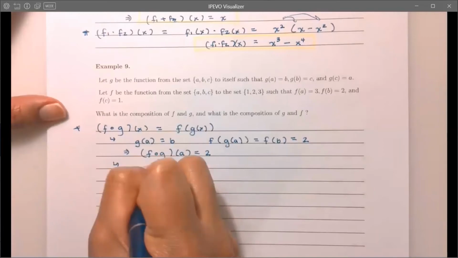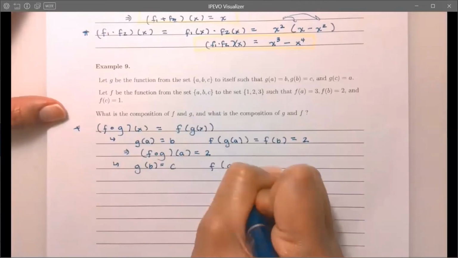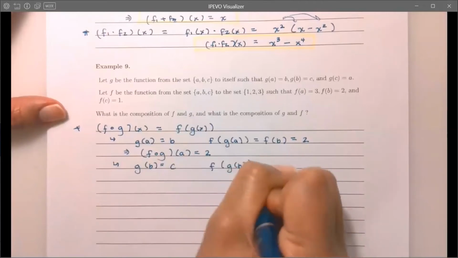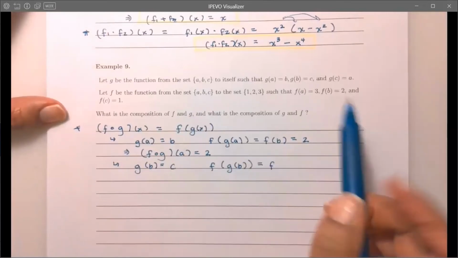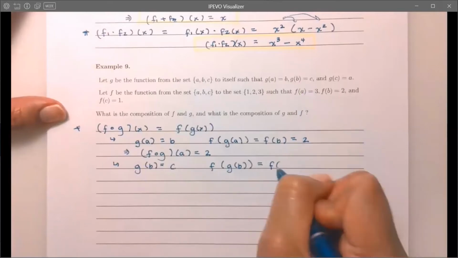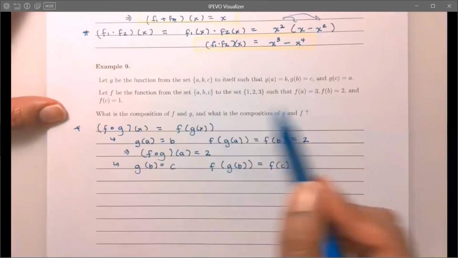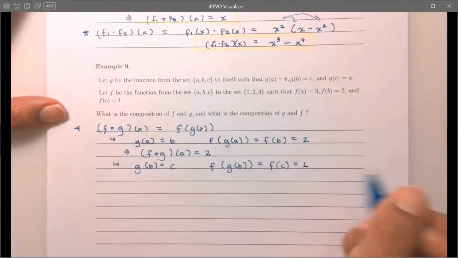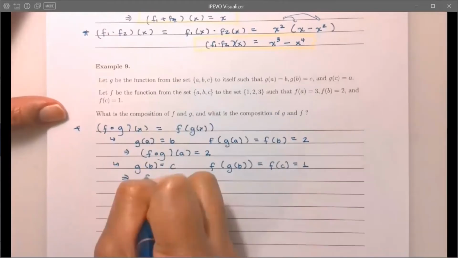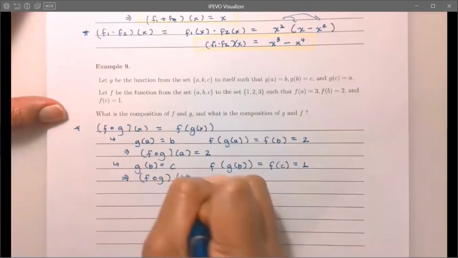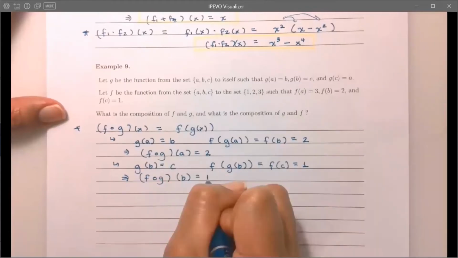G of B is C, so that means that f of g of B is going to be f of C. Now, f of C is 1, so that means that f of g of B is mapping to 1.